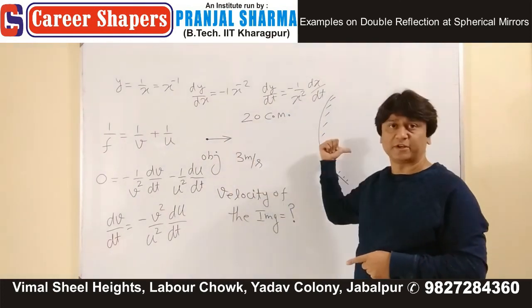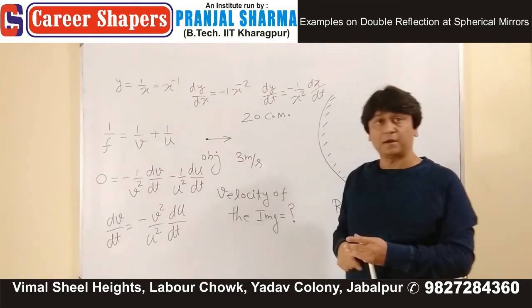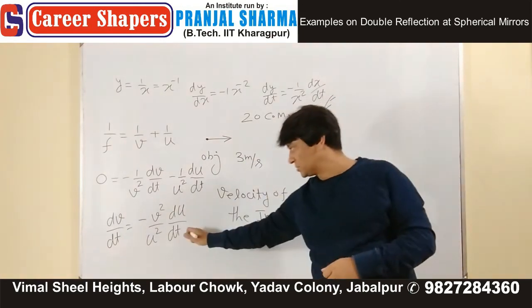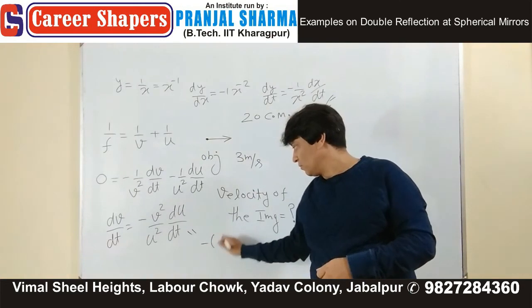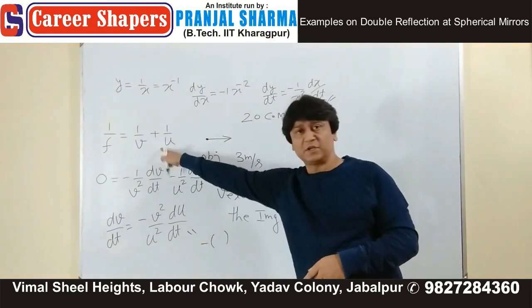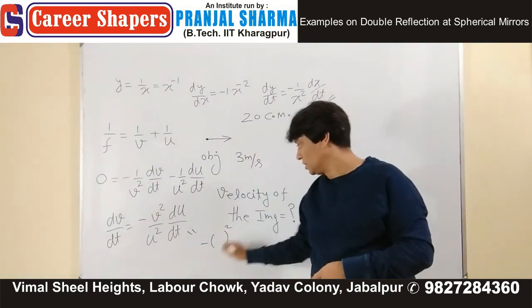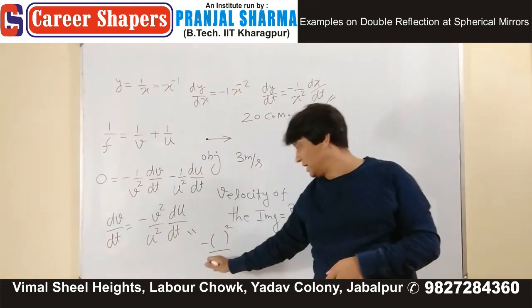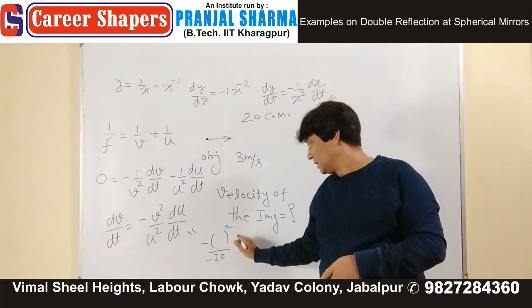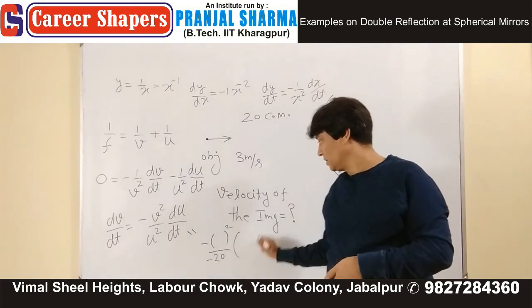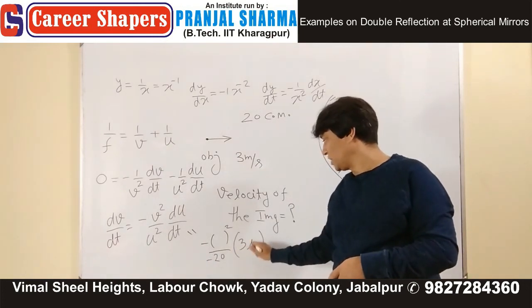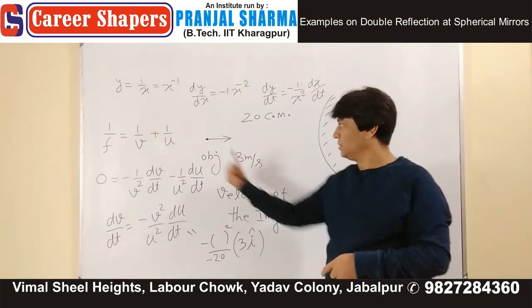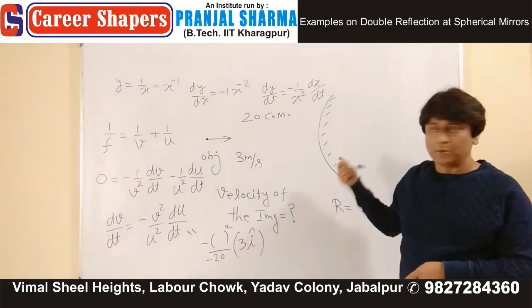You will say positive, and therefore you take plus 3. So let's put the values. Find the value of v from this calculation. That's your work. u, we already know, is minus 20. du by dt, write it like 3 i cap.